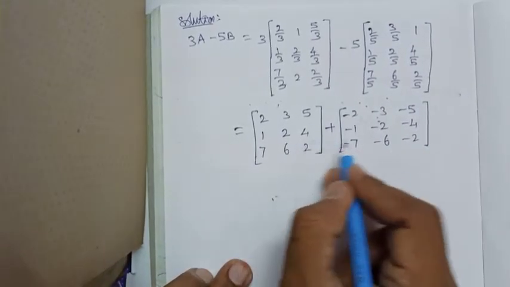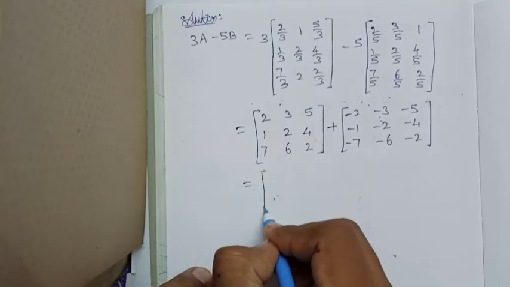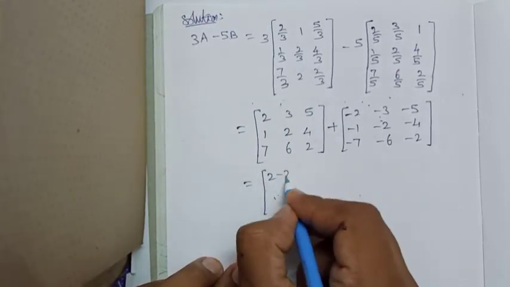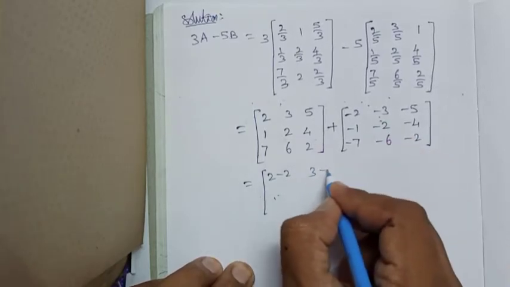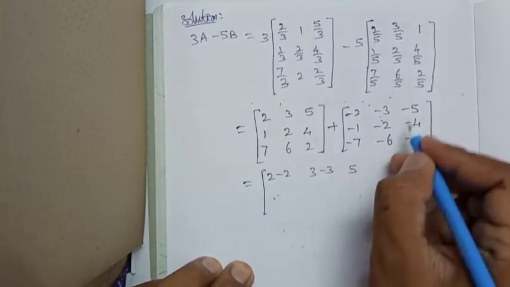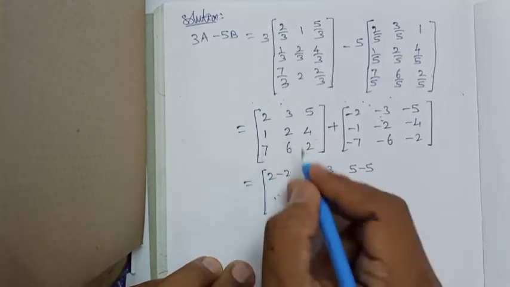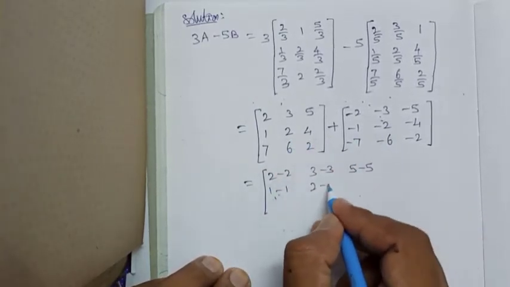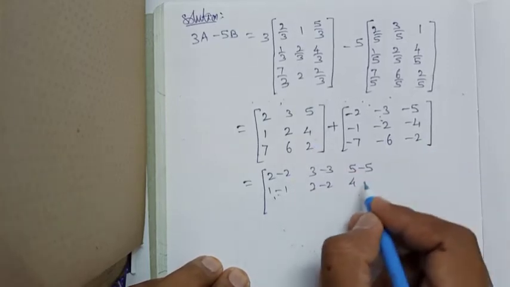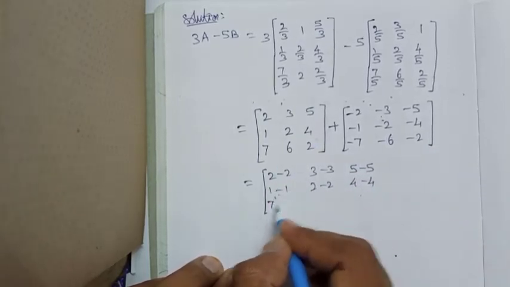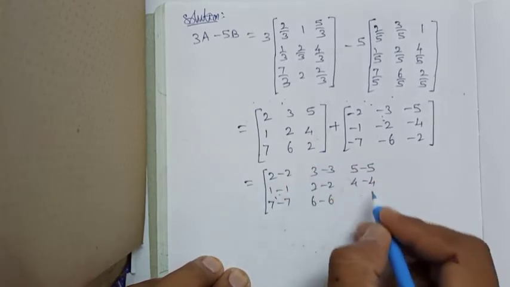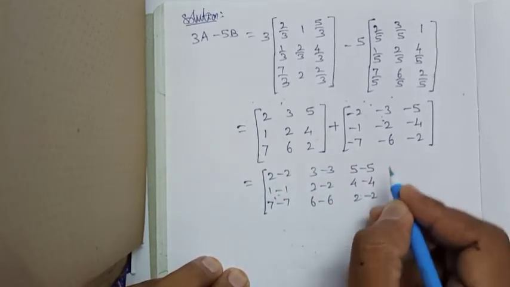Now add the two matrices. The corresponding elements should be added. So here 2 and this is minus 2, 3 minus 3, 5 the corresponding element is minus 5, 1 the corresponding element is minus 1, 2 the corresponding element minus 2, 4 the corresponding element minus 4, 7 the corresponding element minus 7, 6 minus 6, 2 and here minus 2.